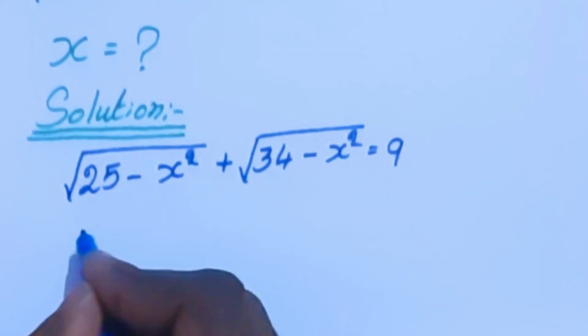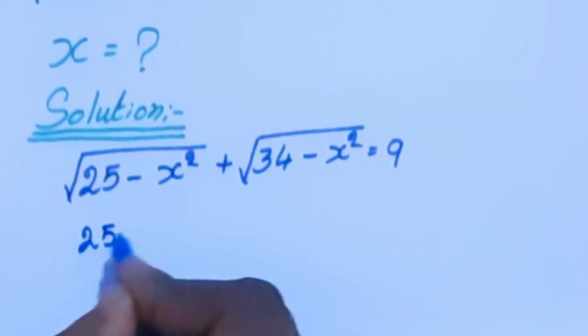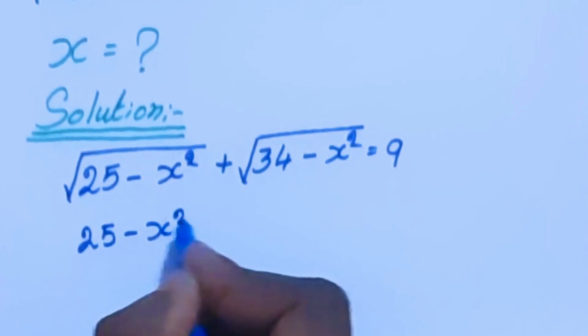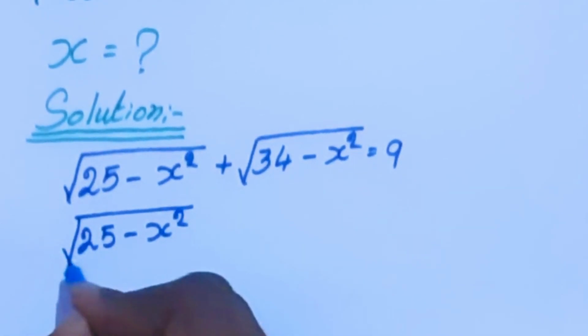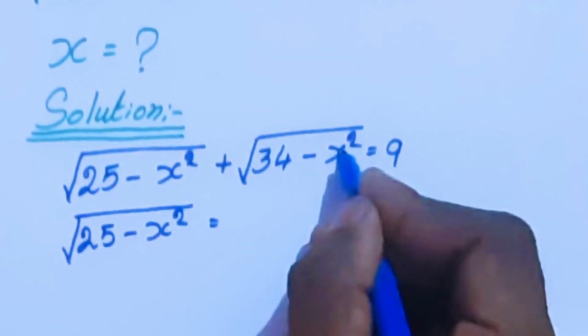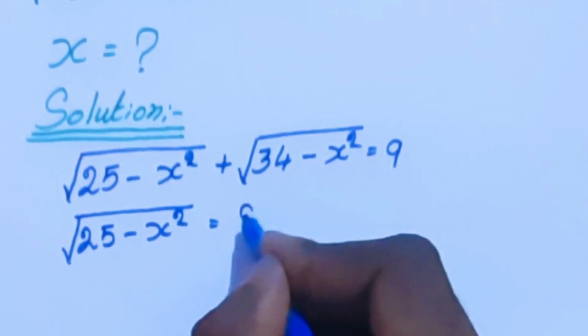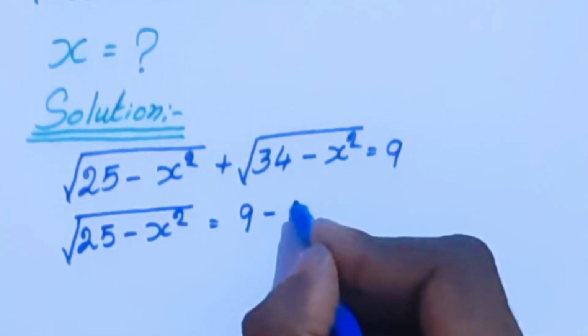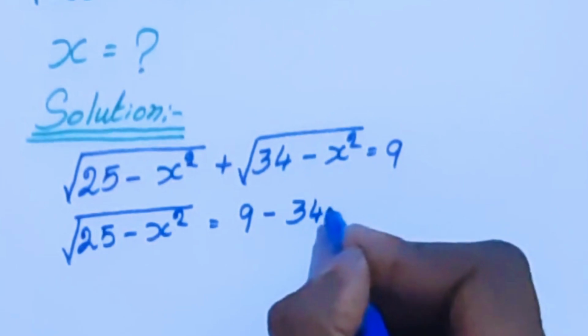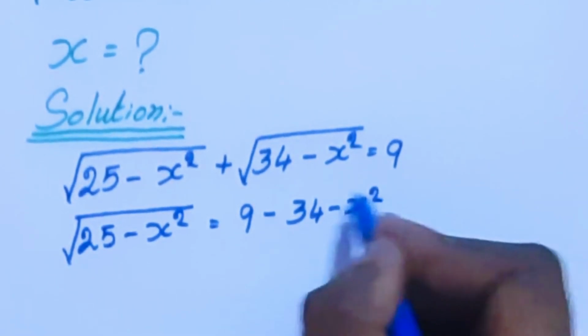Now square root of (25 minus x square) equal to, we are moving this to the right hand side, so 9 minus square root of (35 minus x square).